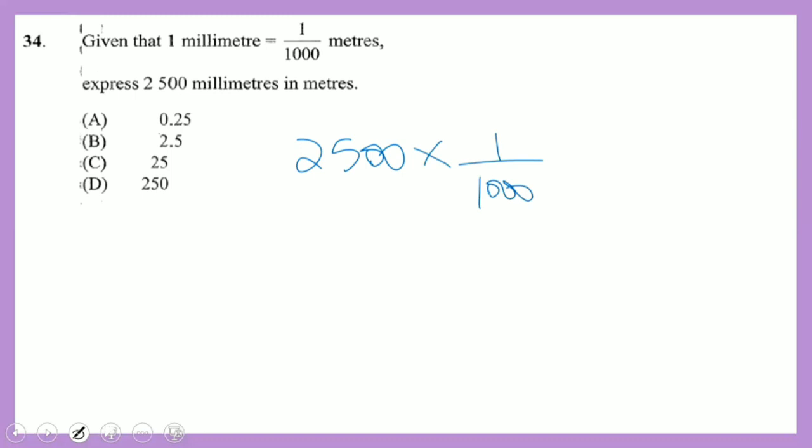It's like the same ratio thing: if I multiply the millimeters side by 2500, all I need to do is multiply the meters side by 2500 to get the amount in meters.